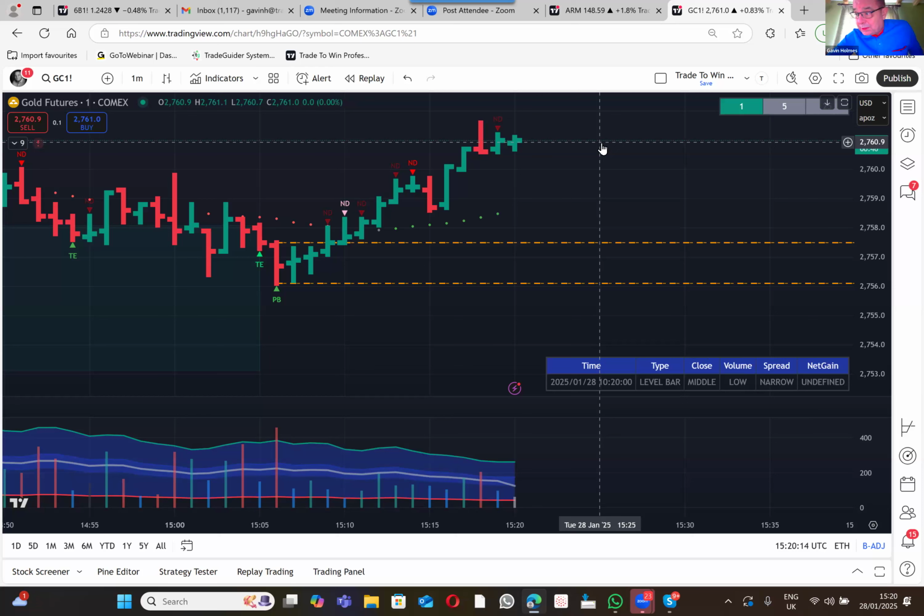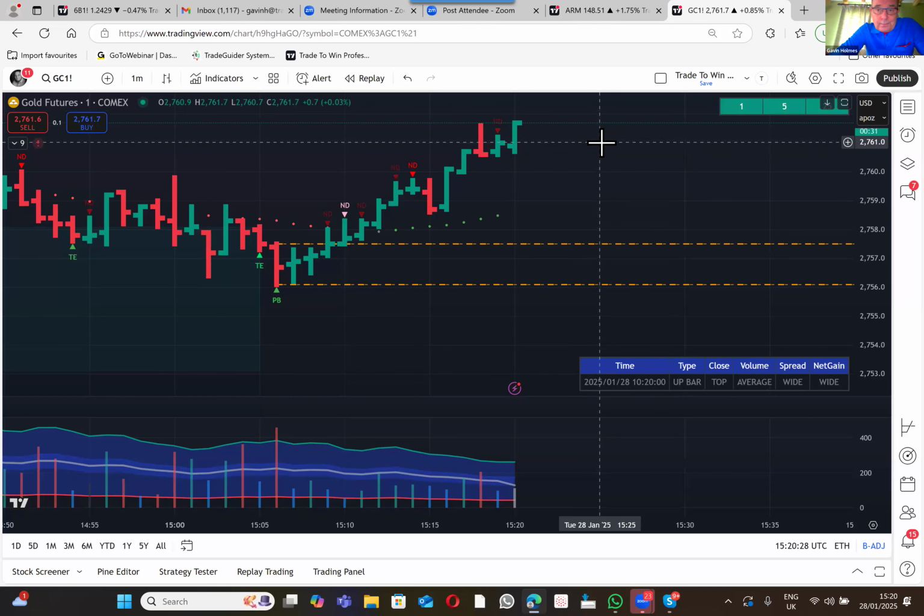That's really bullish. But I think it's going to blow straight through the top here. In fact, I'm 100% certain I'm right. SMI shows me on the screen I'm right. And we just watch it go.